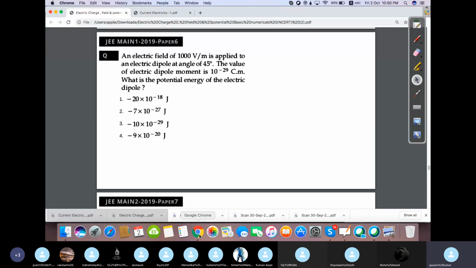Others please try, आसान क्वेश्चन है. There's nothing in this question.